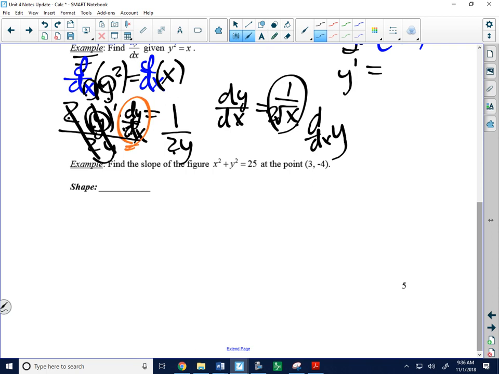Any initial things, though, that I can answer before we look at another one? But how do you go from 1 over 2y to... I substituted. Up here, doing a square root, I get y equals square root of x, and so I put that in right there for y. Why, when you did chain rule, wasn't it 1?